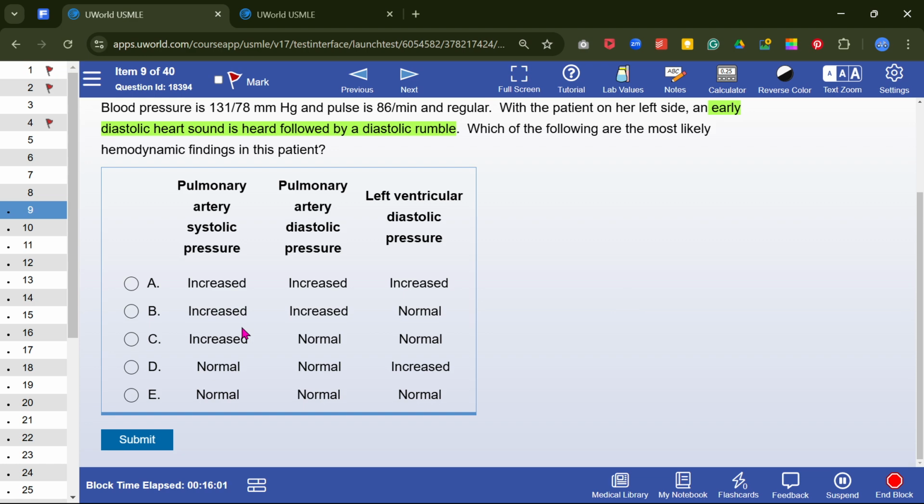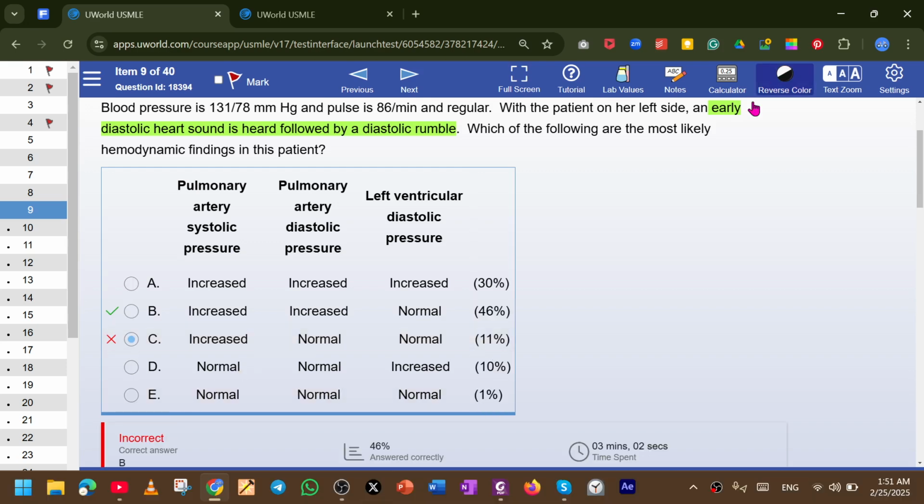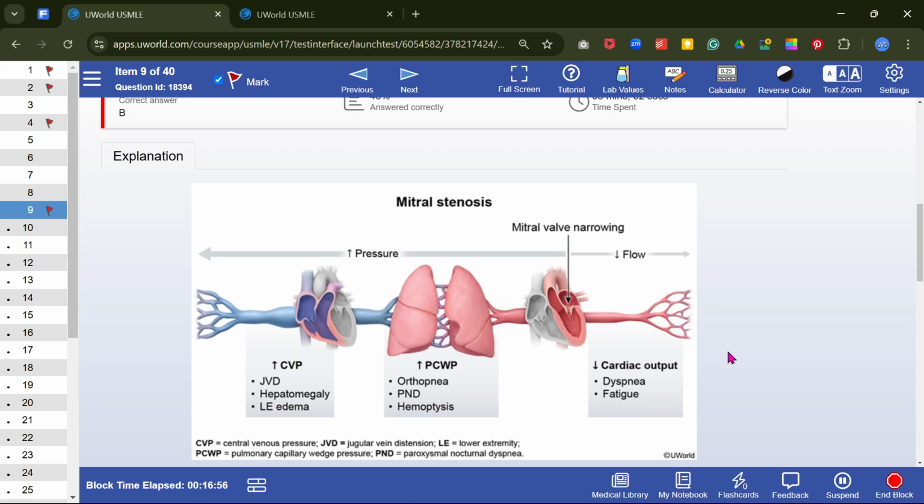Pulmonary fibrosis. Okay, you are right, mitral stenosis.